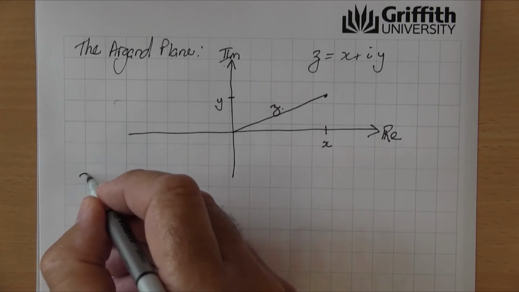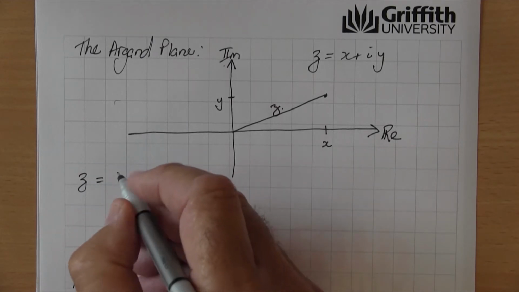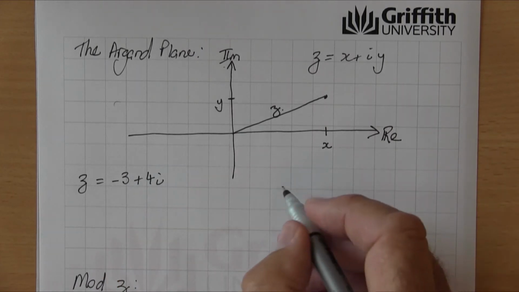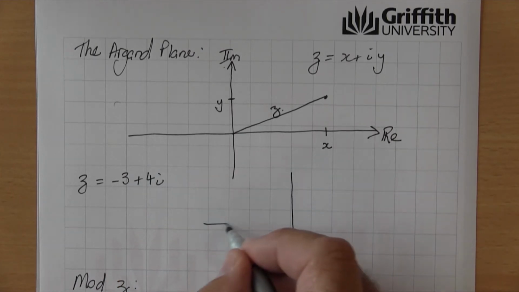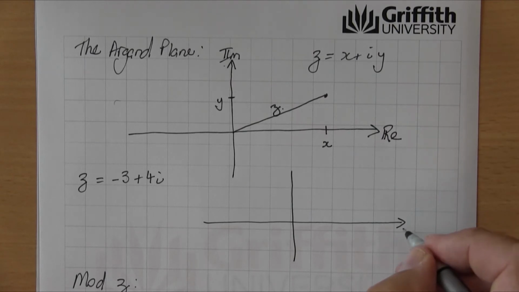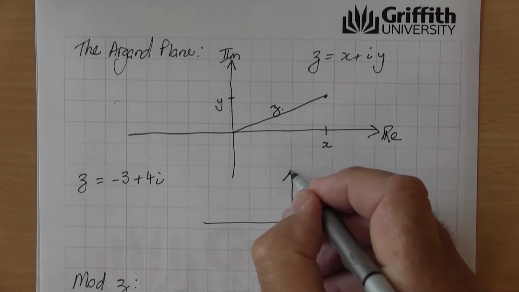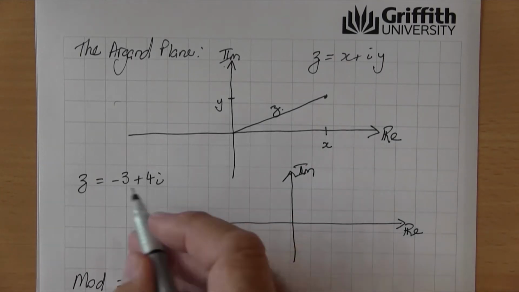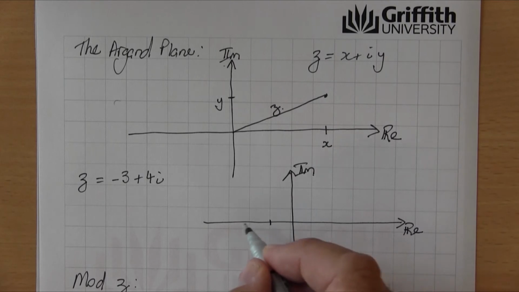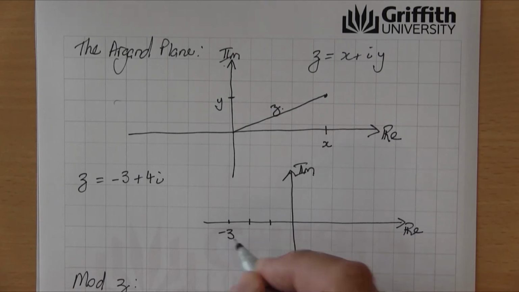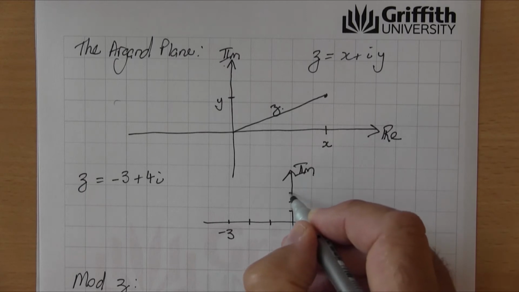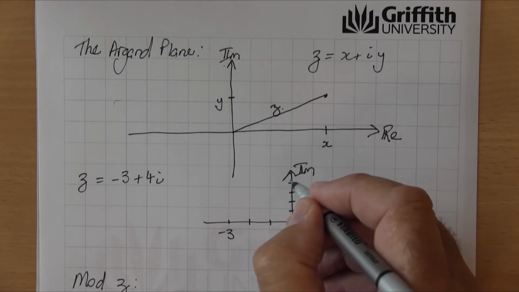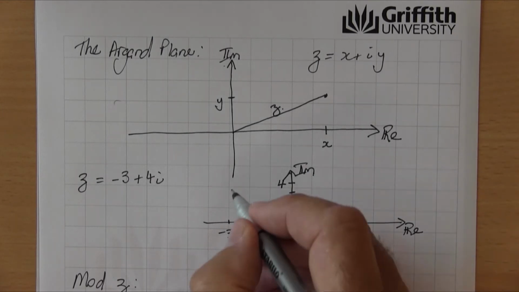So if we had z equals negative 3 plus 4i, we draw our Argand plane, the real, the imaginary, and we've got to come minus 3 on the real and go up to 4 on the imaginary.